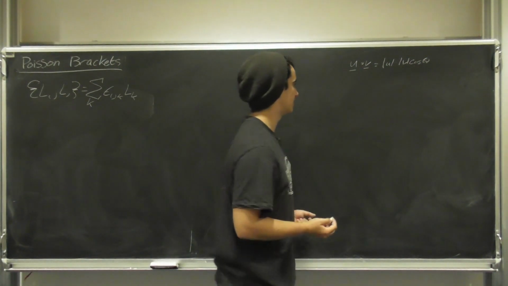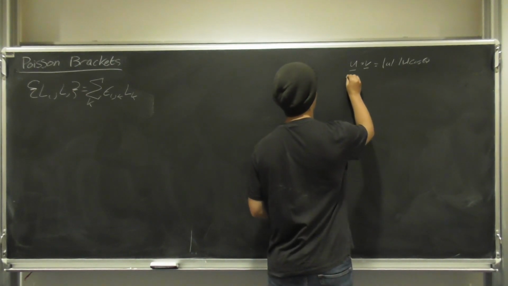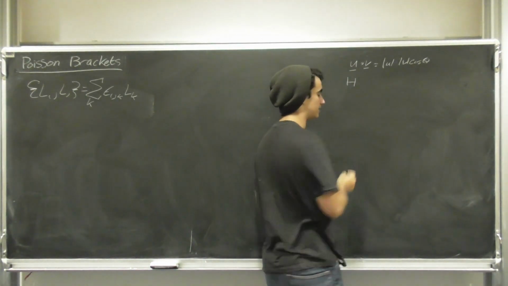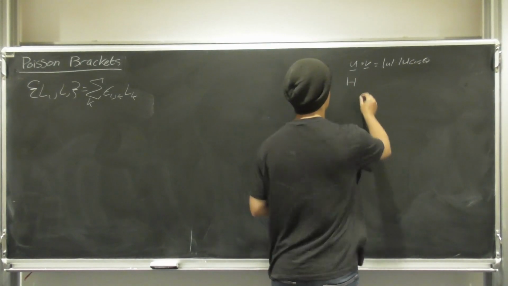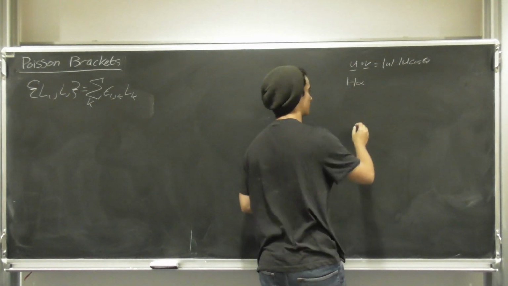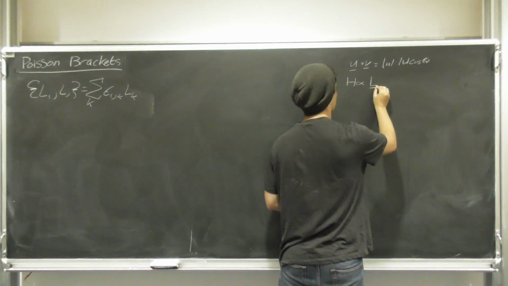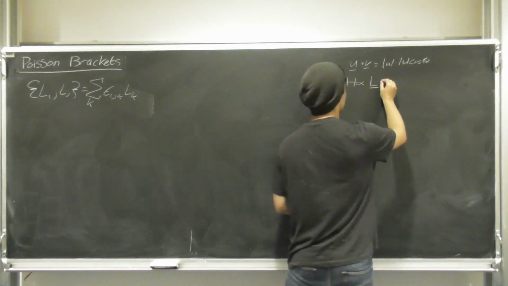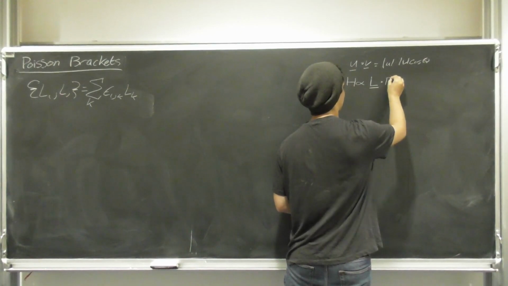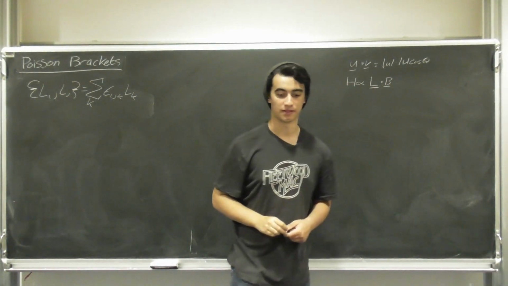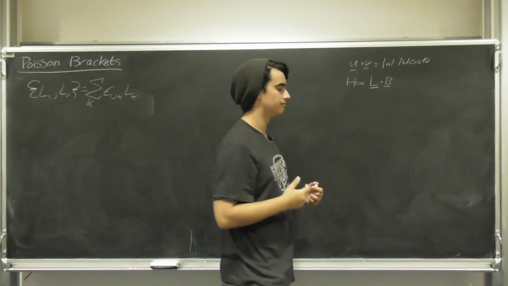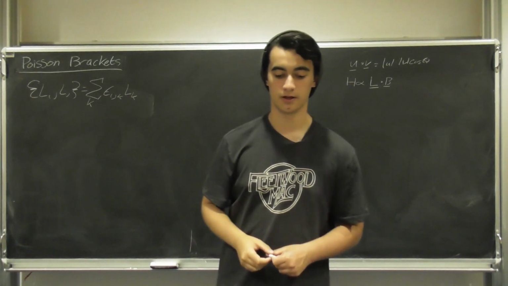So we can now say that in this case, the Hamiltonian, the total energy of the system, is proportional to the angular momentum dotted with the magnetic field. The magnetic field is also given as a vector.